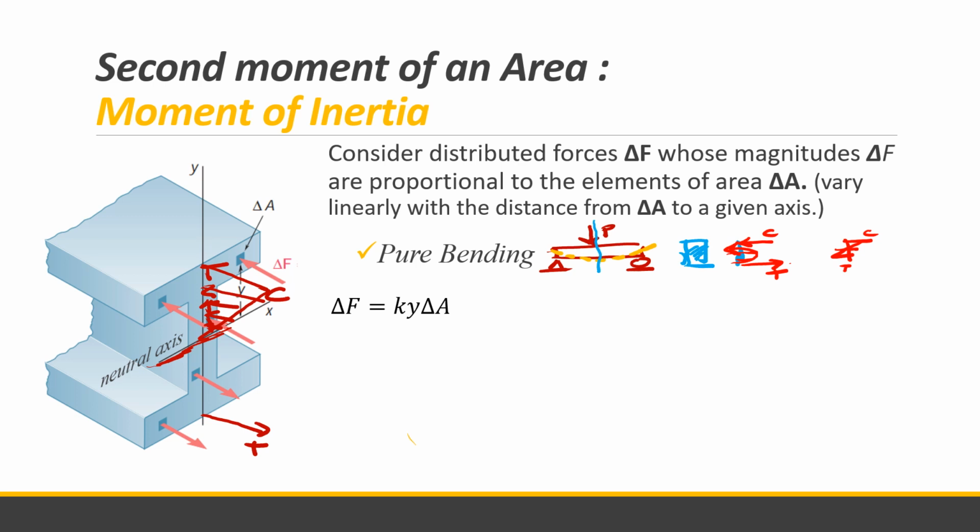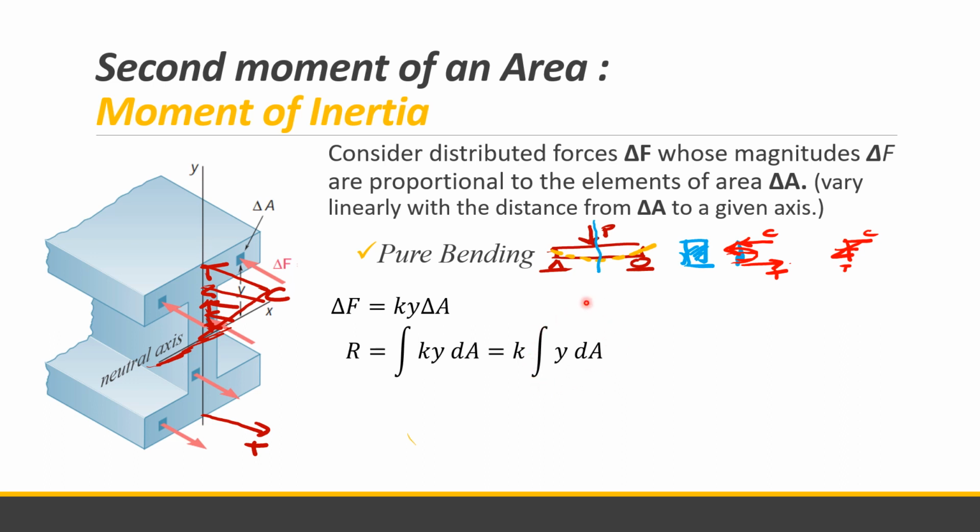The magnitude of the resultant R of the internal forces delta F that act over the entire section is equal to the integral of ky dA. So we integrate delta F; the summation of F is R. So it becomes k times the integral of y dA.